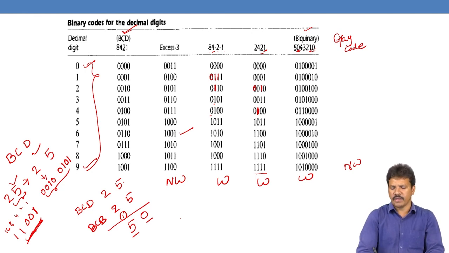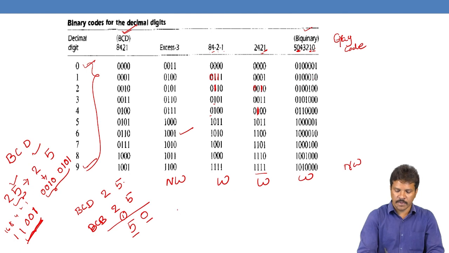When we perform operations like addition and subtraction, subtraction is done by using complements in computers.